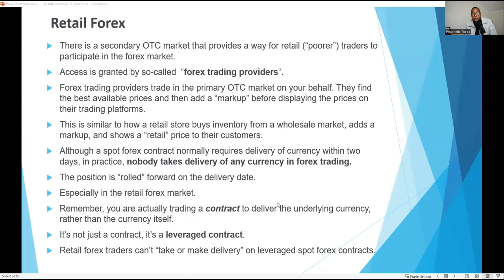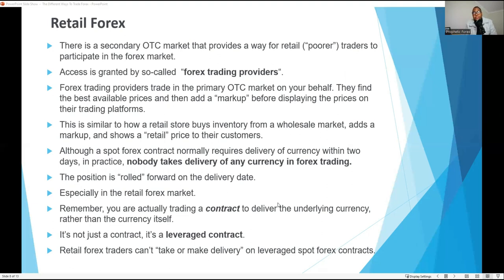For example, if you go into a store, the store itself buys its stuff from a wholesale market, and of course they add markups and show the retail price to their customers. So they show you how much they actually want to sell it to you. That's the retail price, the price they give you so that they can make a profit. That's exactly what happens with our brokers. They take prices from the actual market and add a little bit so that they can make a profit. We'll talk about spread. That's the adding that they do there.